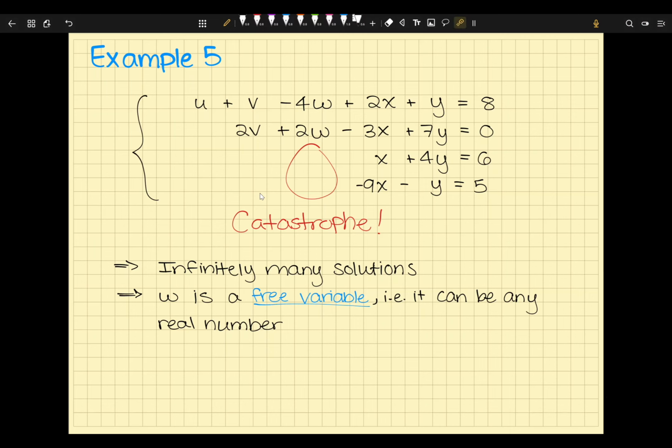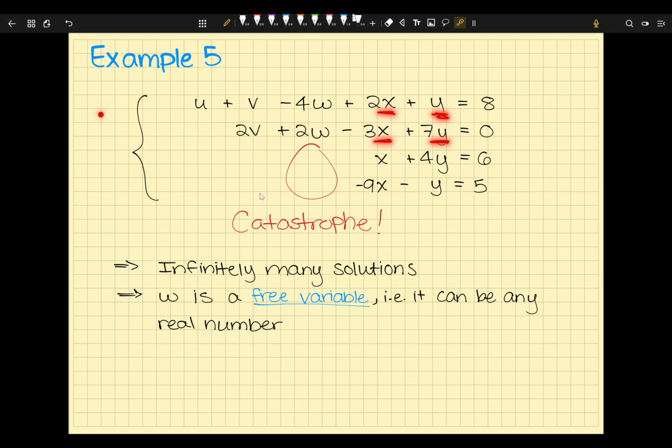And what it means is that our system has infinitely many solutions. Let me explain. Let's say we run across this catastrophe, but we just keep going. So now we come down to here, and we eliminate down, and we can solve for y, and then we can solve for x, and then we plug in y and x, and what are we left with?